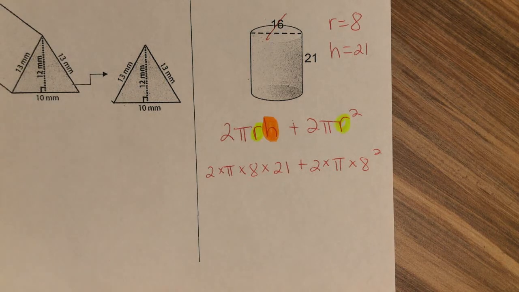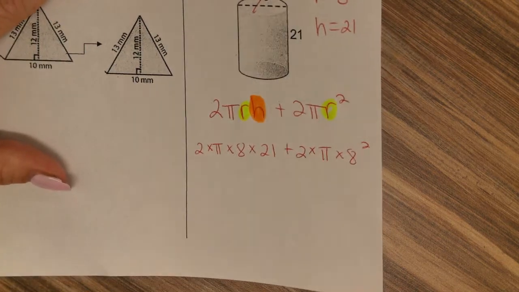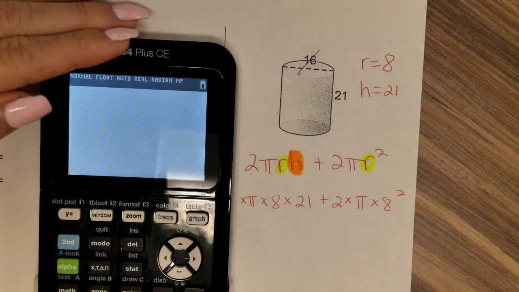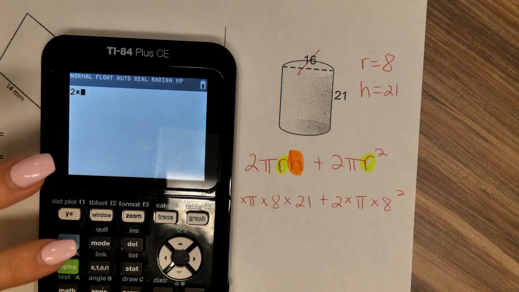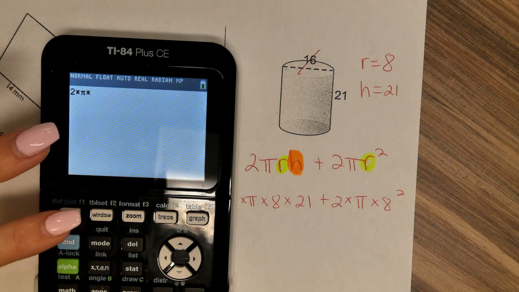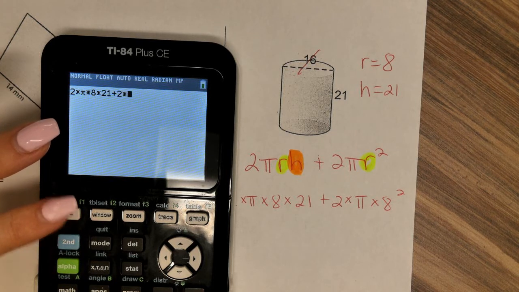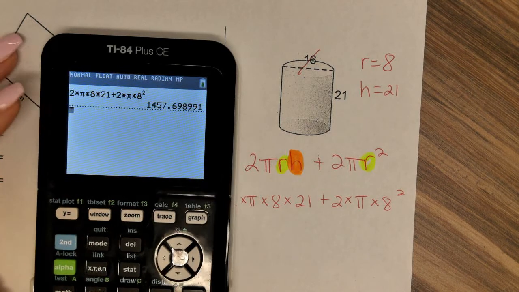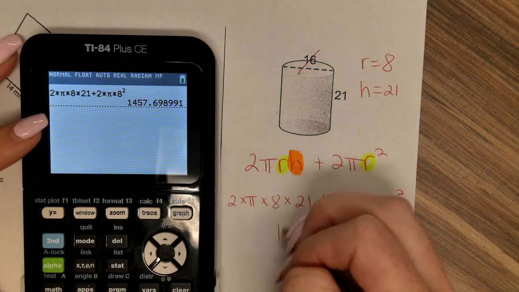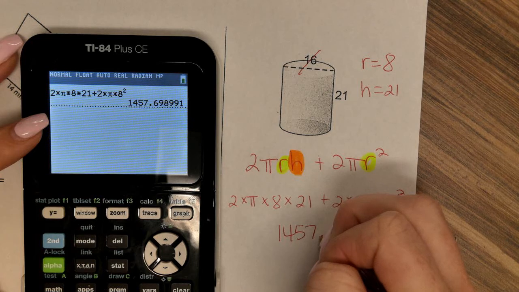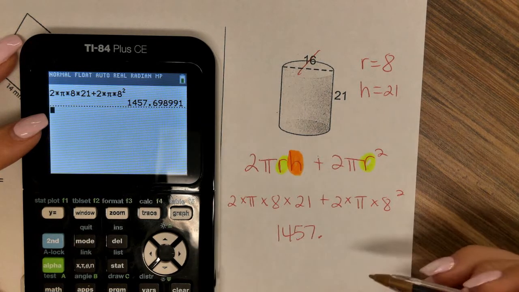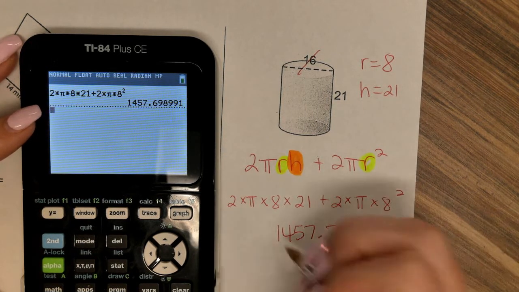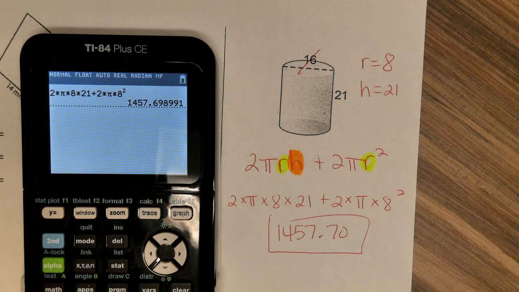You stick it in your calculator, and that will be your answer. 1,457 point, and that would pretty much round to 70. And rounding won't matter for you on these because it will be multiple choice. You will just pick the closest answer.